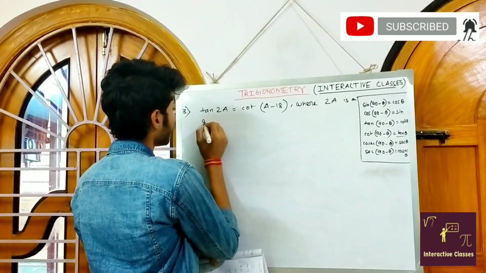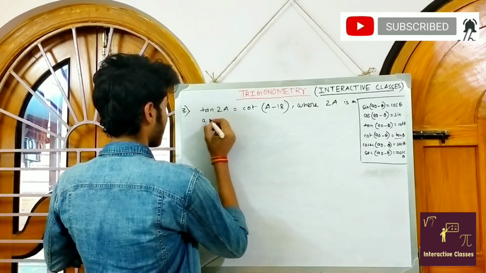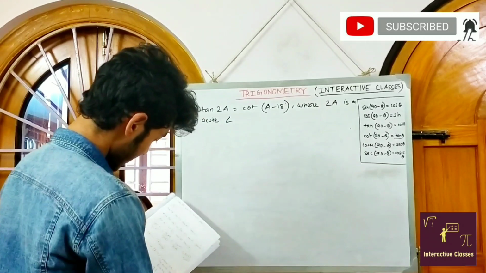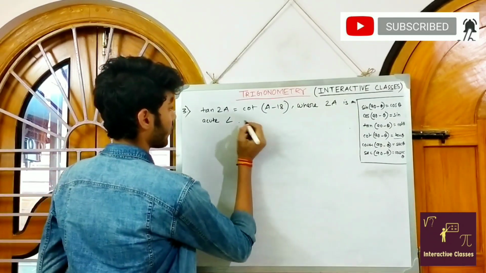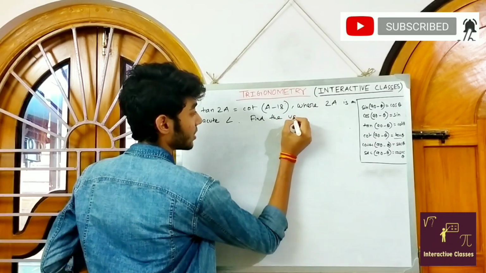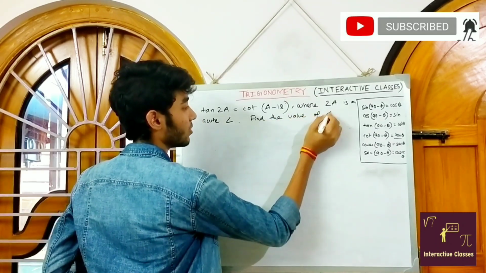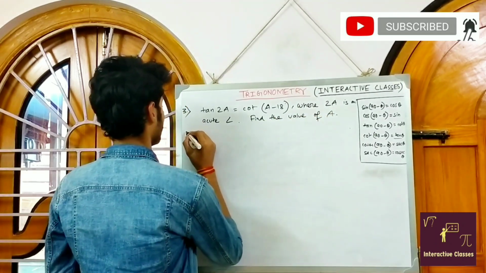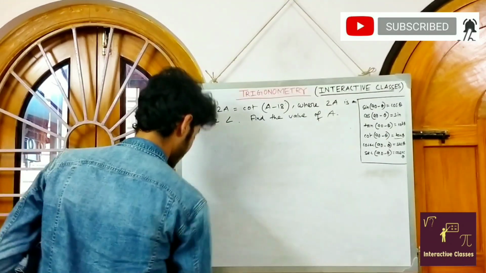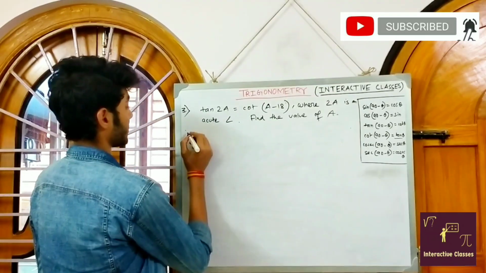Acute angle means the angle which is less than 90 degree. Find the value of A. Solution. Let us write it in blue, it will be easier for us to understand.